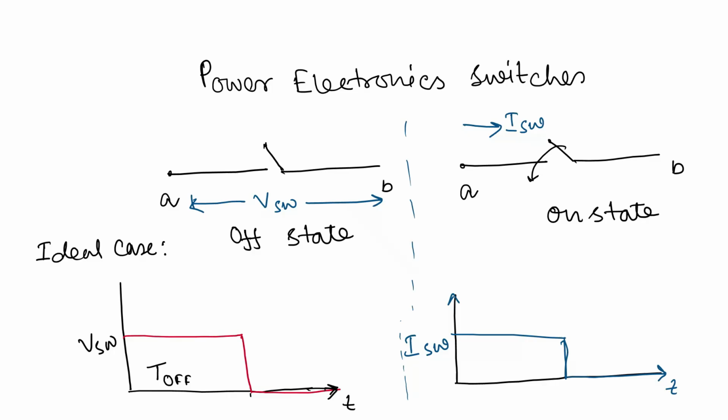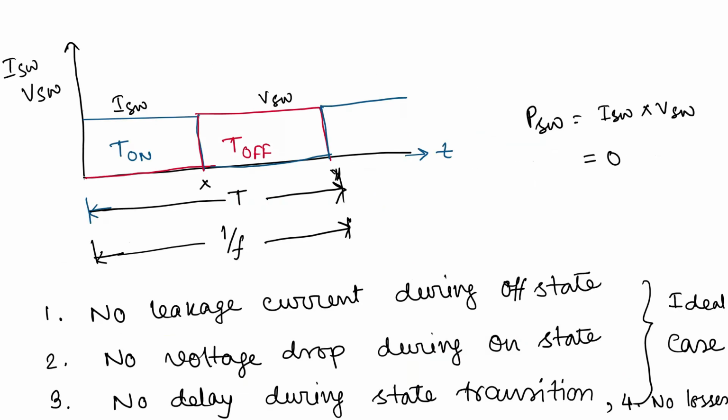If I draw the waveform, you can see that during the T on time period, I switch is positive and has a finite value, and the voltage across the switch is 0. During the T off time period, current is 0 and voltage has a finite value, which is the voltage connected across the switch.